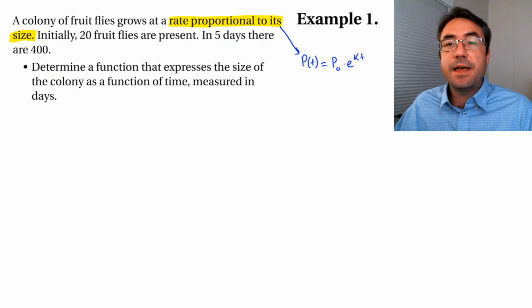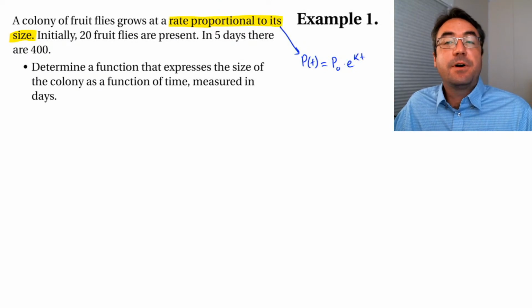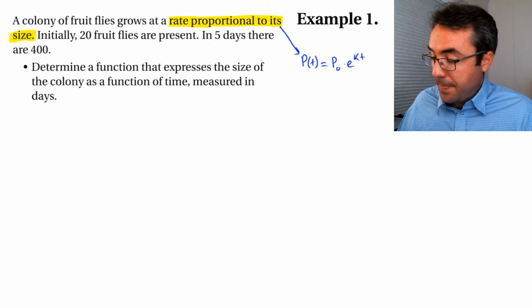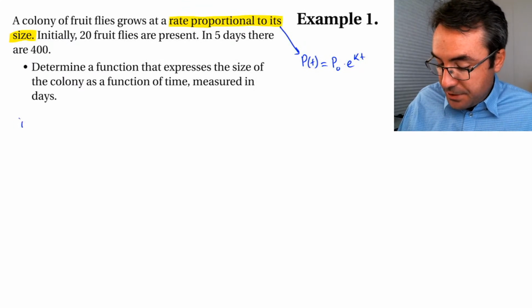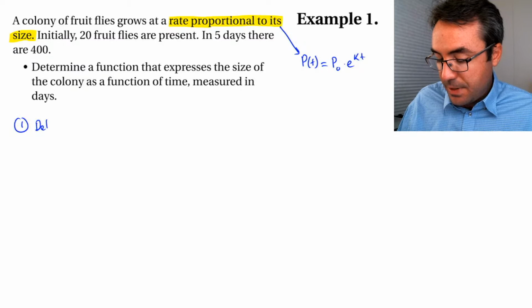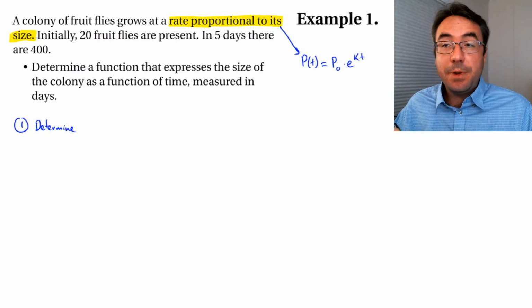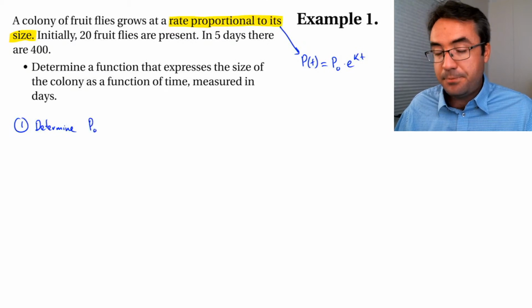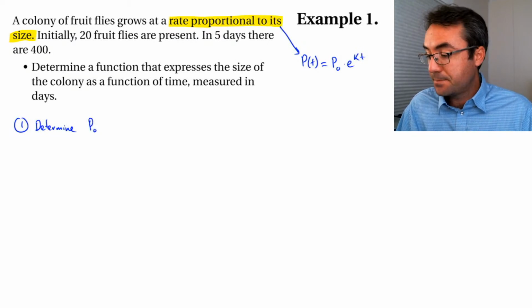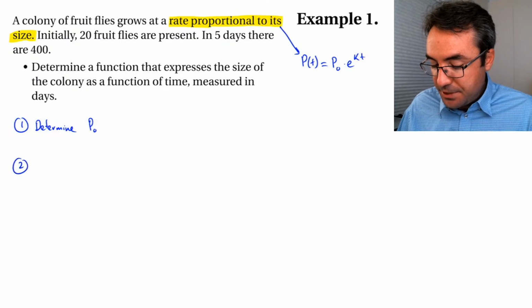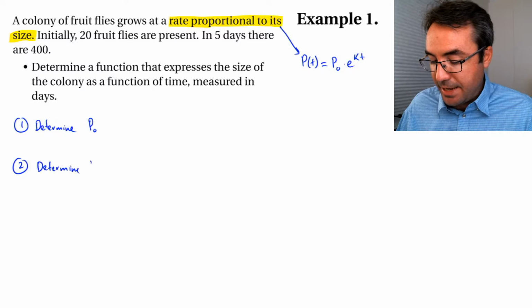And so when we write that, we want to determine that function p of t exactly. So we need to do two things. We don't necessarily have to do this first, but we want to determine the starting population, p0. And then we also need to determine what that growth constant is. We want to determine what k is.